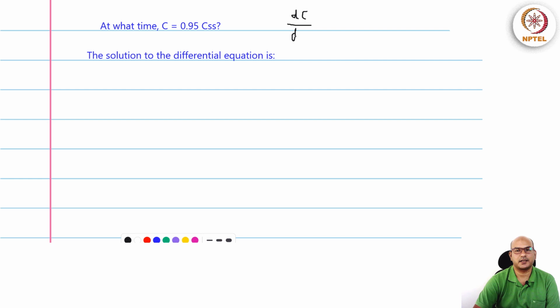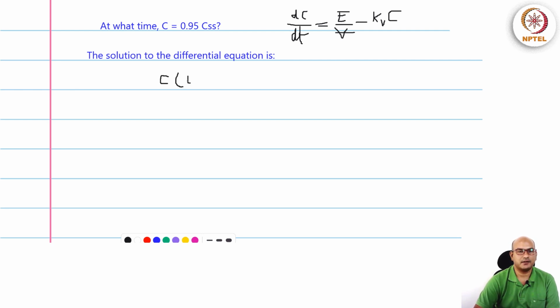So dC/dt equals E by V minus kV by V times C.